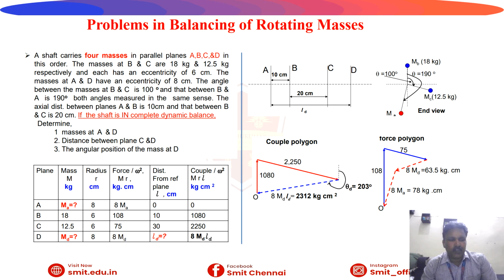So based on the previous slide, you will have one important problem, a very easy problem for your reference, which I took. A shaft carries four masses in parallel planes A, B, C and D in this order.